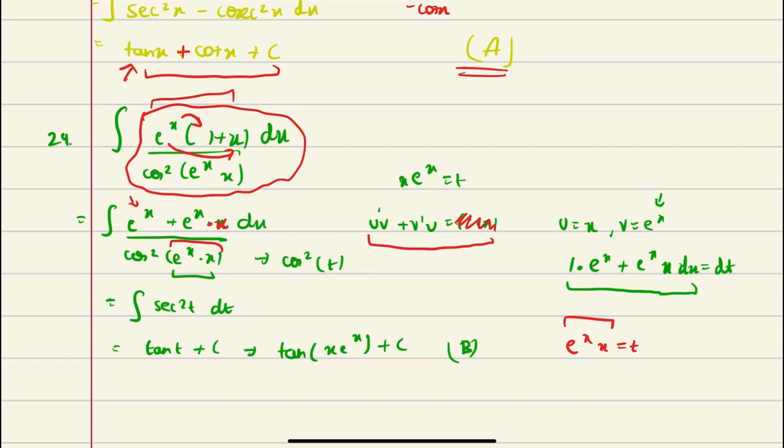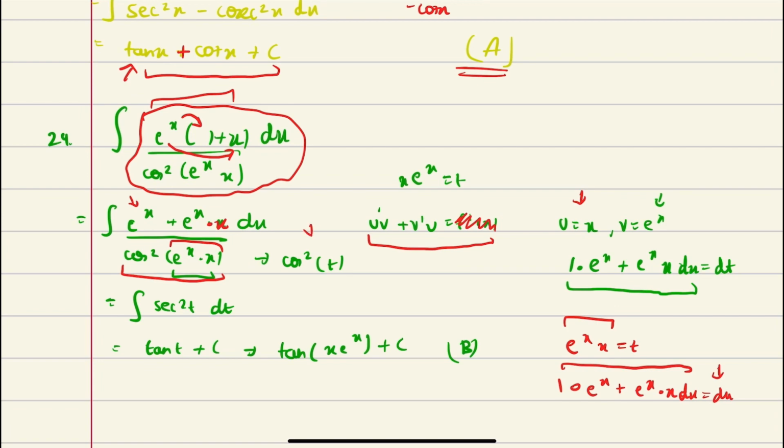So for the first term, it's going to be the derivative of u, and u is x here. So the derivative of u is 1 times v as it is, so e to the x, plus the derivative of e to the x, which is of course e to the x, and then u as it is. Dx gives du. And of course, we have this in the numerator. That's just going to become du, and the denominator, of course, becomes cosine squared of u or t, whichever variable you choose.